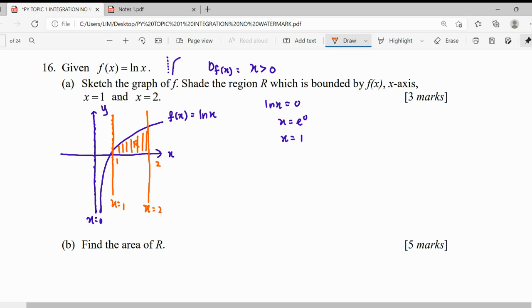We do it vertically because this region is attached to the x-axis. When it is attached to the x-axis, most of the time we will do it vertically. Vertically means we do it by dx, with respect to x, so everything is in terms of x.